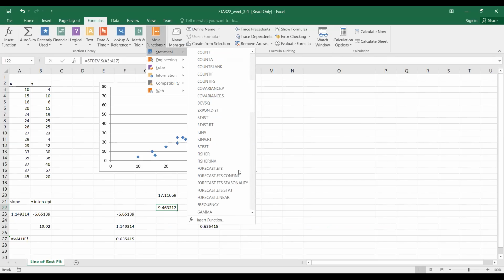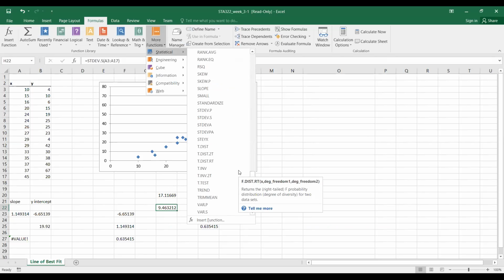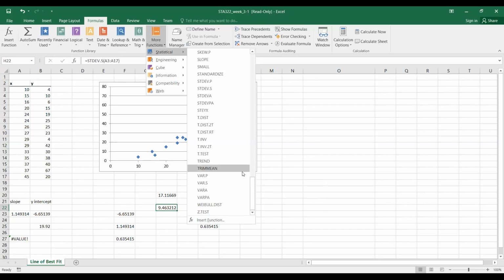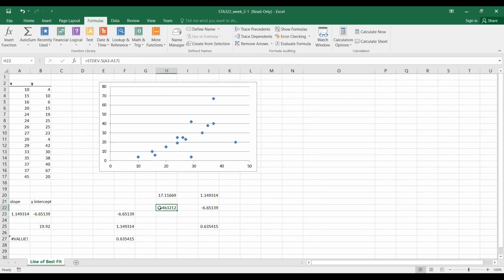We don't care about that. We can calculate the variance. I don't see where we have that, but that's okay. We calculated here the standard deviation of the values of X, and we calculated the standard deviation of the values of Y.